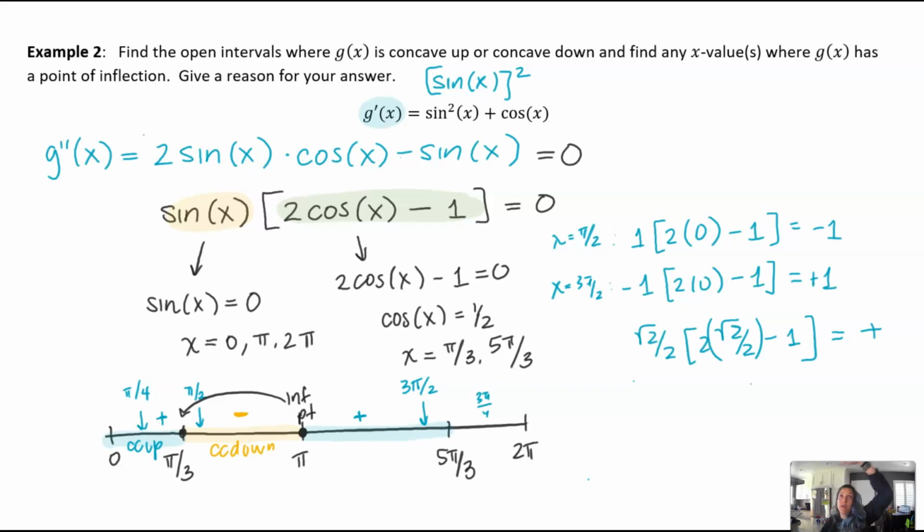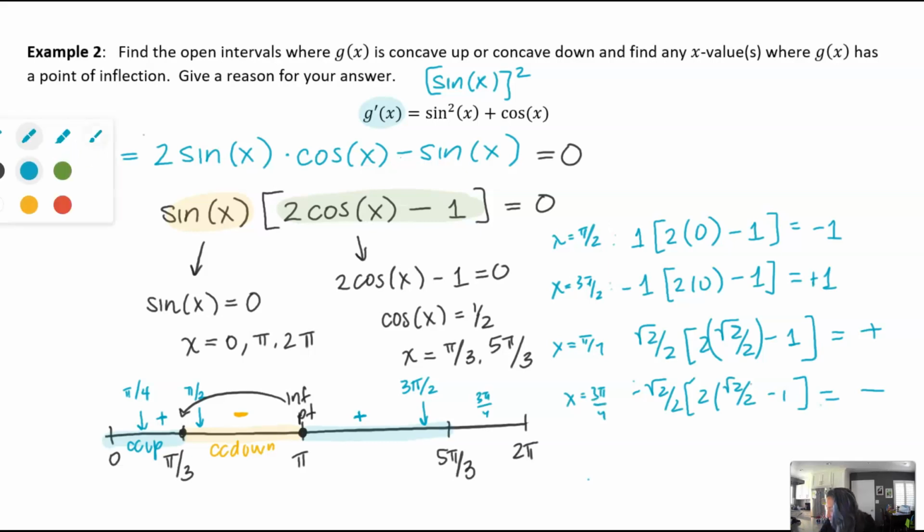All right, so now I'm in quadrant 4, which means this is a negative root 2 over 2. Cosine is still positive. So we end up with a negative times a positive, which is negative. I forgot to put in my little labels. This is pi over 4, and this was 3 pi over 4. So we are negative again, as expected.